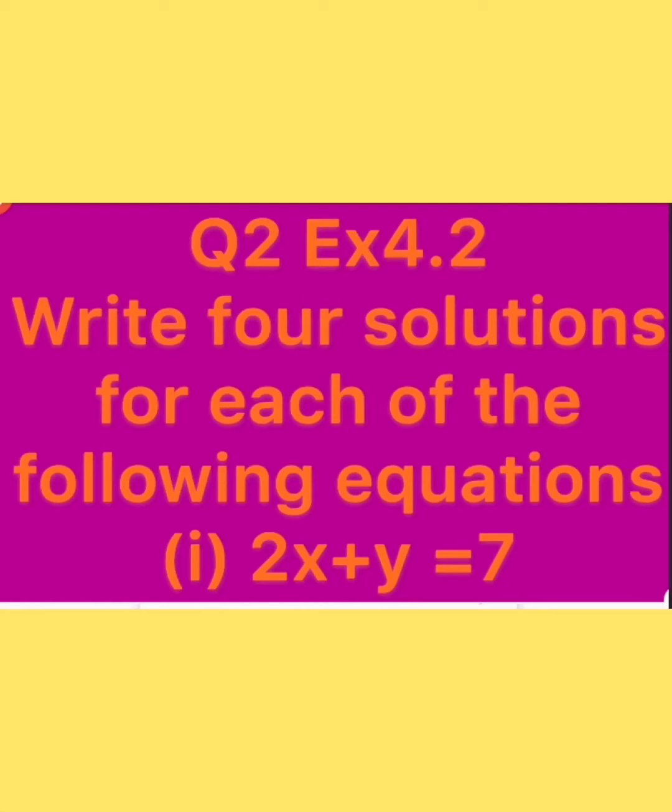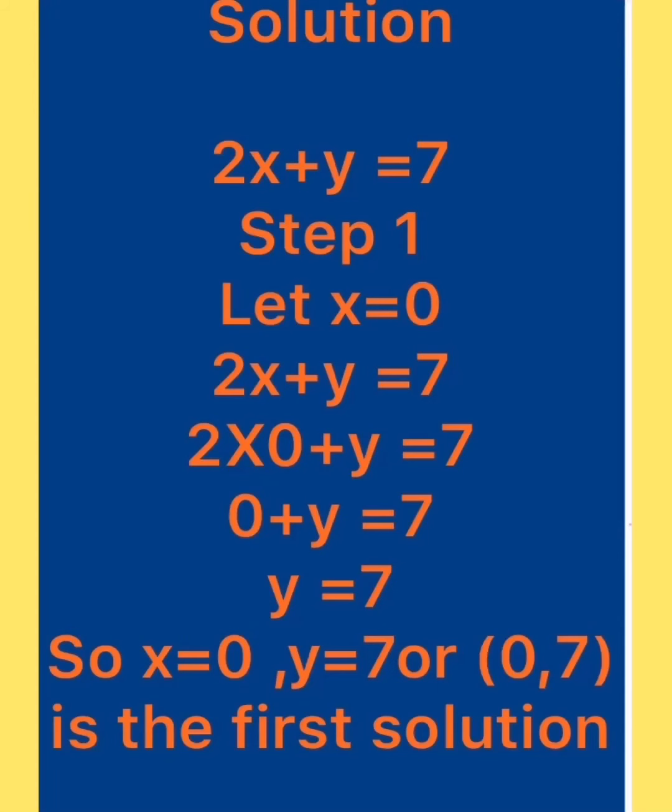We can assume any value. In step 1, I have taken x equal to 0. So I will put x equal to 0 in our given equation 2x plus y is equal to 7. 2x means 2 into x, means 2 into 0, plus y is equal to 7. 2 into 0 is 0, plus y is equal to 7.